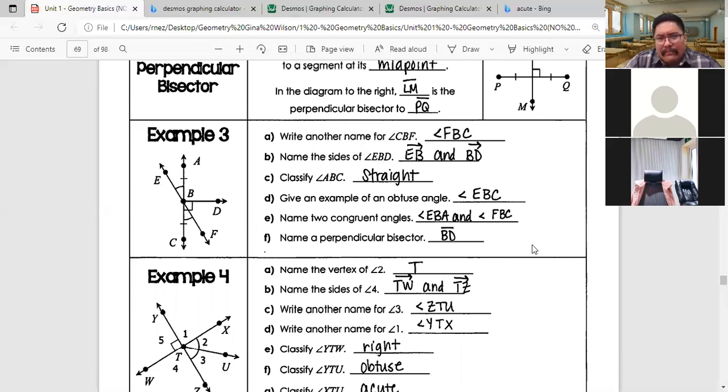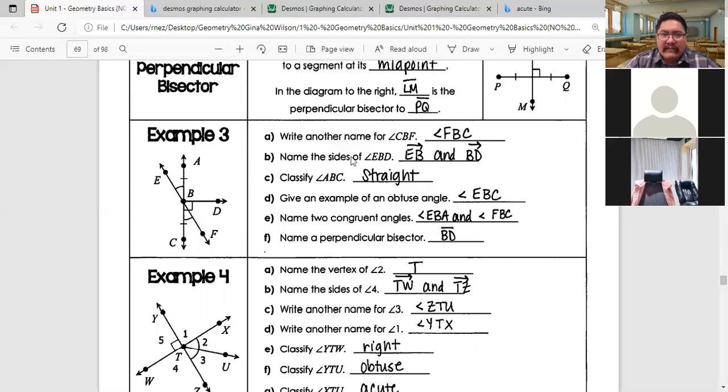Because CBF, C does not come before B, so you can't do that. And if you had FBC, well, this is not in alphabetical order either. So there's no way you could make it in alphabetical order. So both names would be equally right. But if you can do alphabetical order, it just looks better that way. Again, looks better, sounds better, probably smells better.